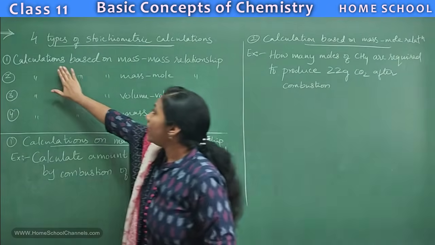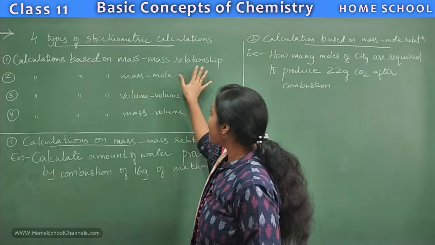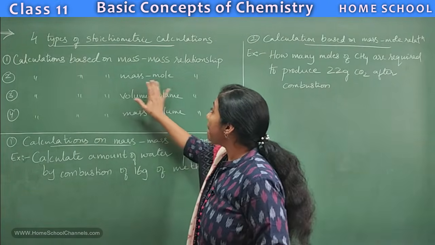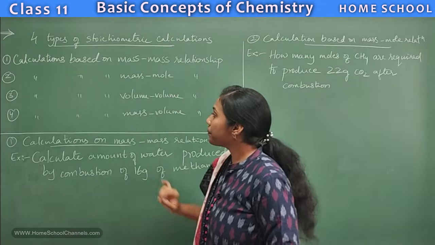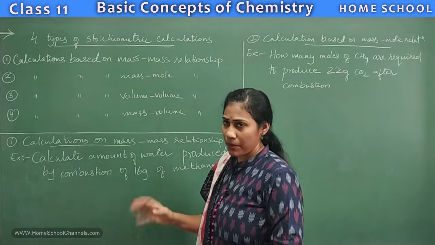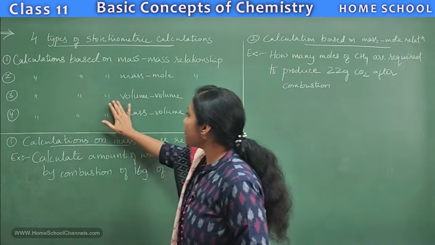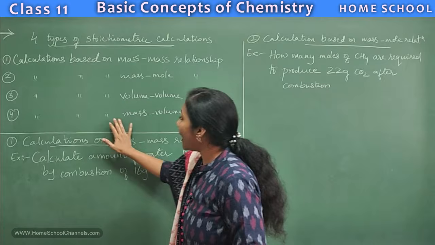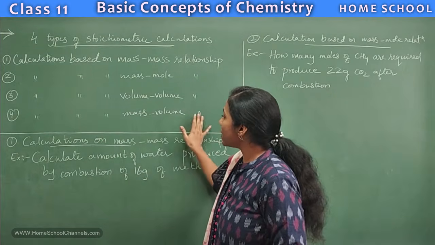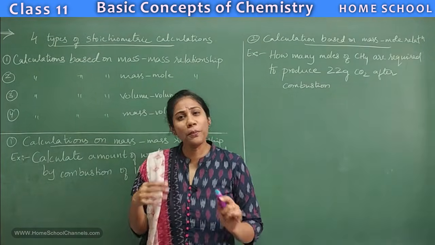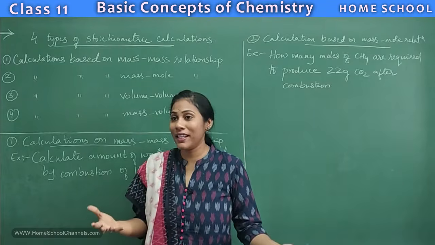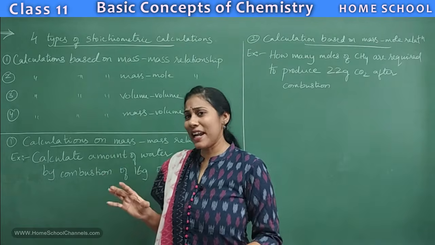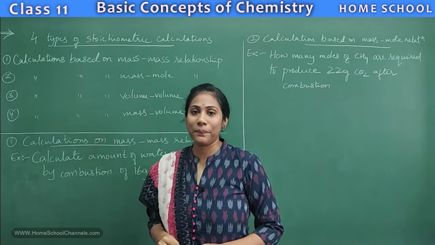They are calculations based on mass-mass relationship, calculations based on mass-mole relationship or mole-mass relationship, whatever, calculations based on volume-volume relationship, and finally calculations based on mass-volume relationship. So you must be wondering, what is this mass-mass relationship, what is this mass-mole relationship, etc.